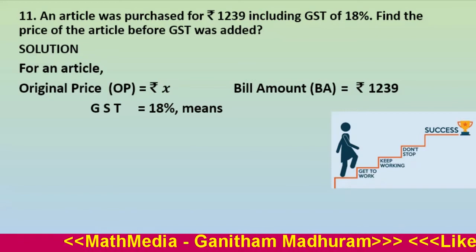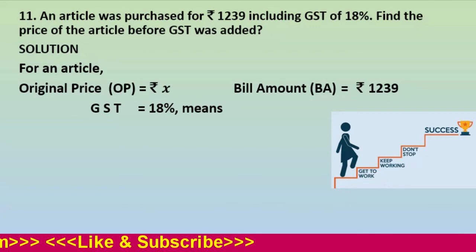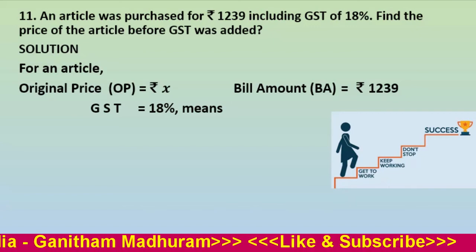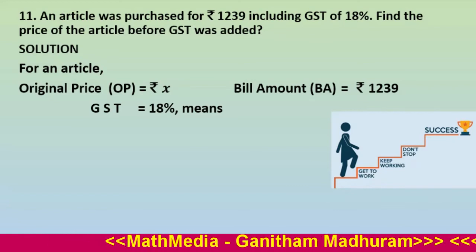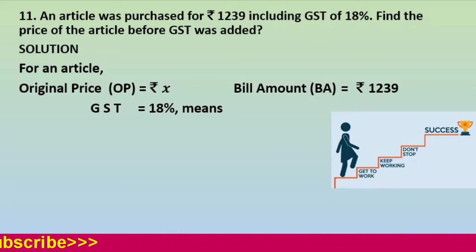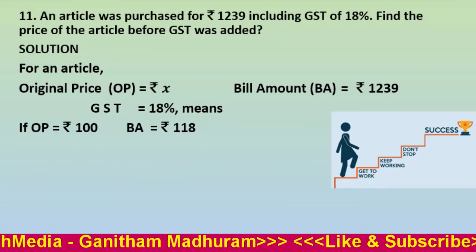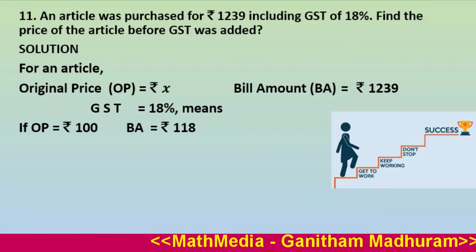Is it clear? For every 100 rupees, we have to pay 118 rupees because GST is added. So if original price equal to rupees 100, bill amount equal to rupees 118.